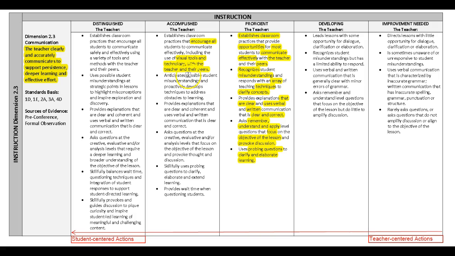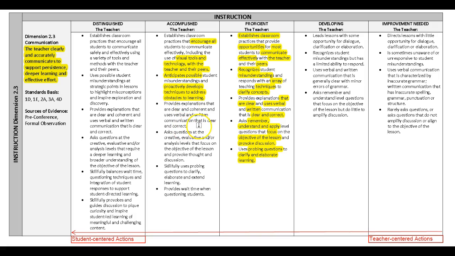This teacher not only recognizes but anticipates possible student misunderstandings and proactively develops techniques to address the obstacles to the learning.